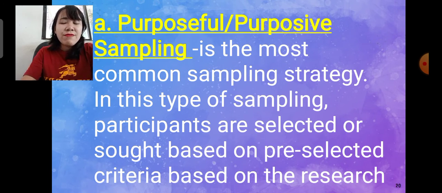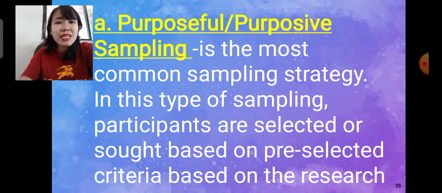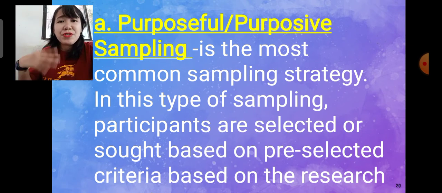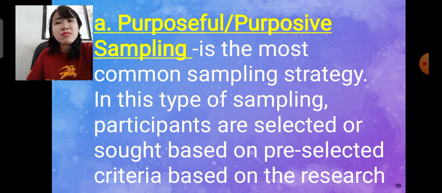So, of course, ang kukunin ninyong respondents is yung mga anak ng OFW, kung ano yung feeling nila. So, okay ba na malayo ang nanay nila? So, yun yung tinatawag na purposeful. Ibig sabihin, sila yung may kakayahan to answer the questions of your SOP sa inyong research. So, may purpose kung bakit sila yung respondents.